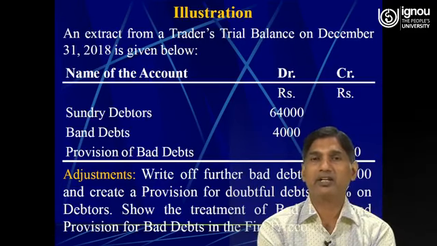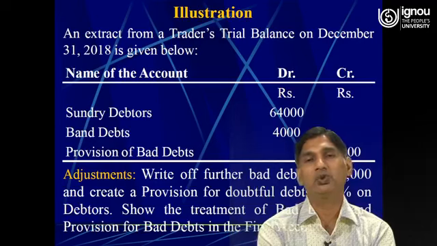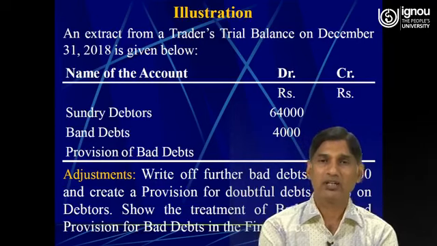If we subtract 7,000 rupees out of 9,100, the remaining amount would be 2,100. So this 2,100 will be shown in the debit side of the profit and loss account.